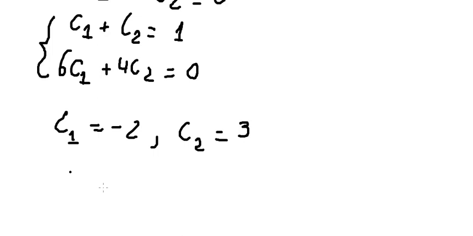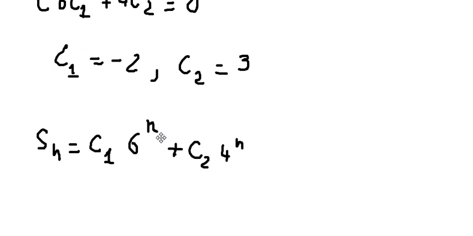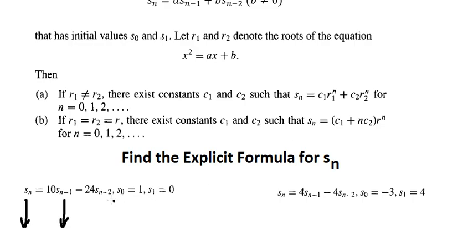After we got c number 1 and c number 2, we go back in here, and I will put negative number 2 in here and positive number 3 in here, where n is greater than or equal to number 0 because they start at h number 0 in here.